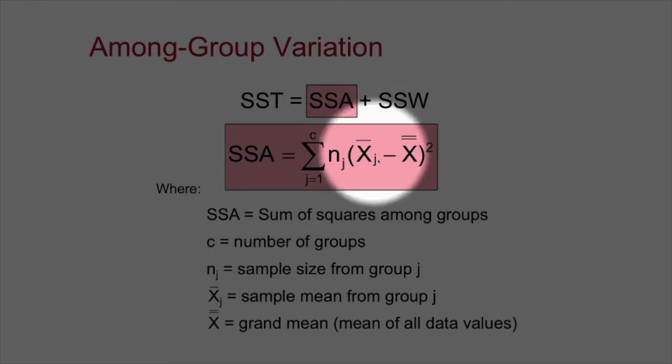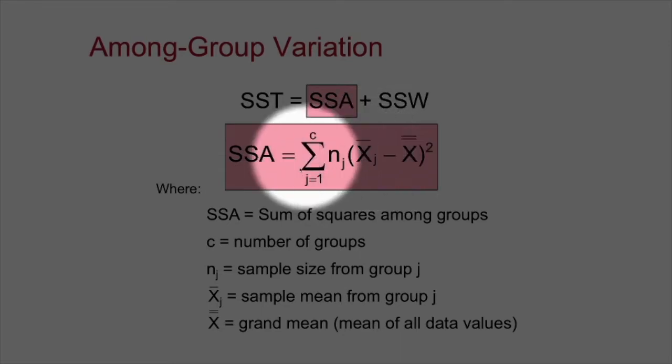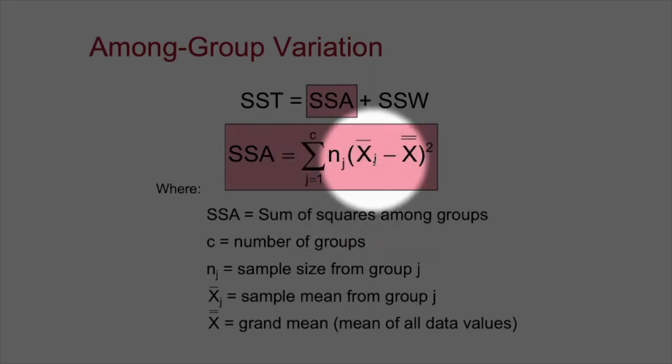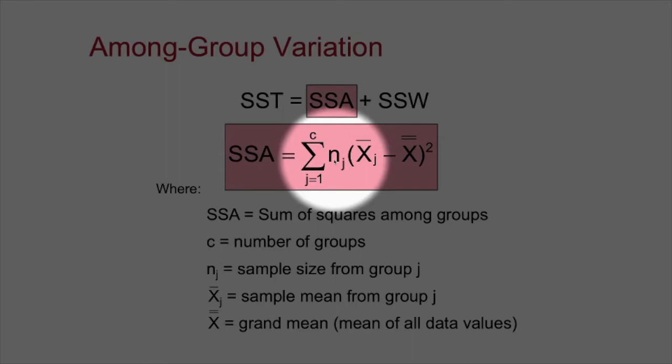So the sum of squared among is the sum over all the groups, over all the J's, of the square difference between the mean in the group and the overall mean. This is squared, and then also it is multiplied by Nj, the number of observations you have in each group.